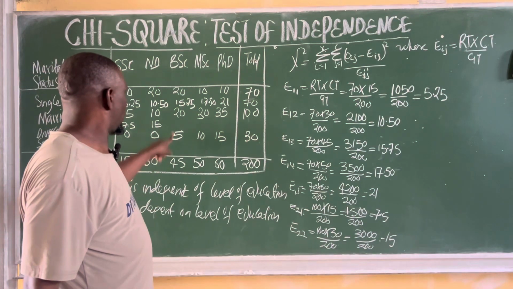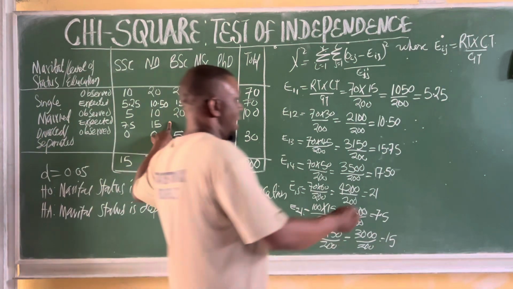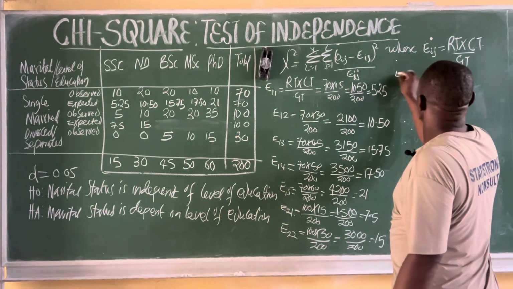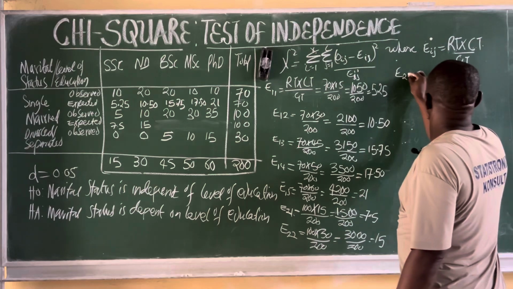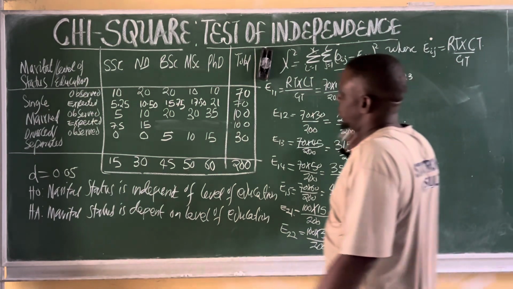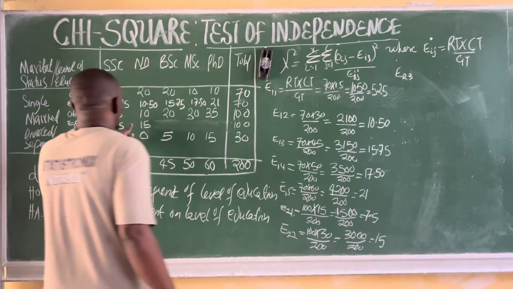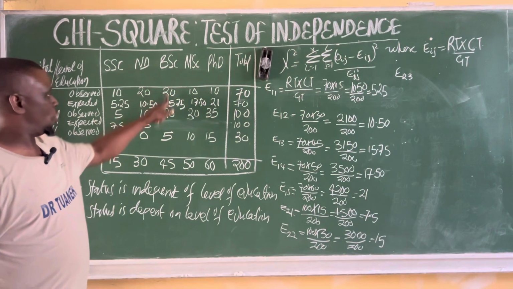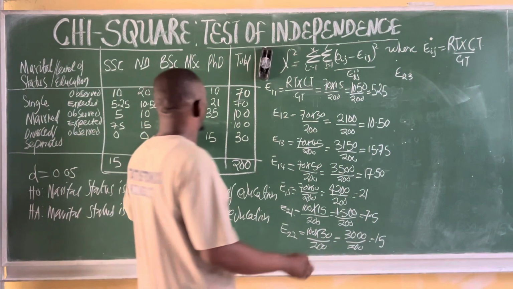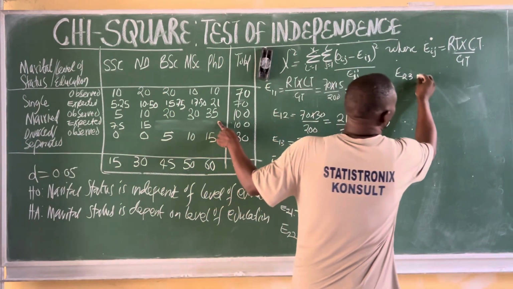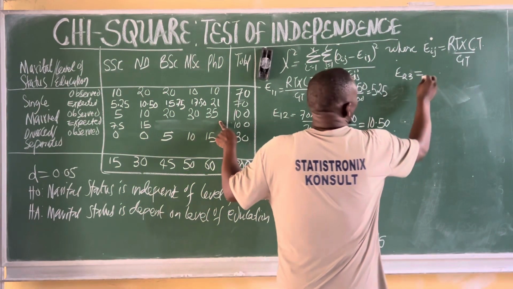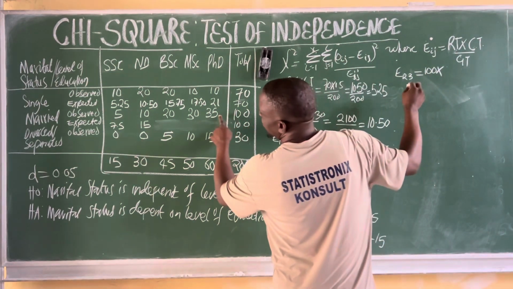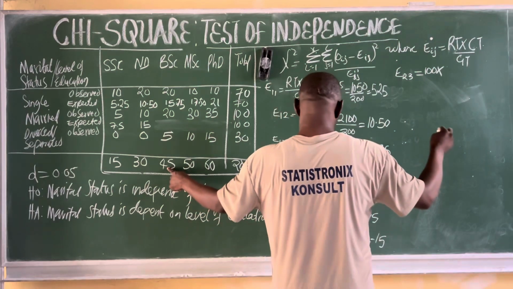Now we'll continue with the computation of our expected value. And the next will be our E23, cell 2, 3, which is this, row 2, column 3. And that will be equal to the total for row 2, which is 100, times the total for column 3, which is 45.